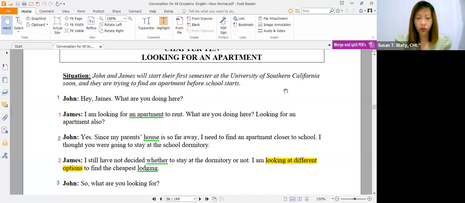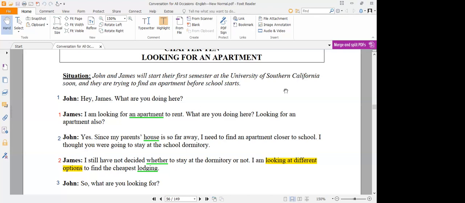Miss Fanny is doing James 3 and 4, also James number 10 and 11. Miss Fu is doing John's number 7 and 8. Jennifer's doing James 5, 6, and also James 12, 13. Got it, guys? Yes, Miss. All right. Give me 1 second.